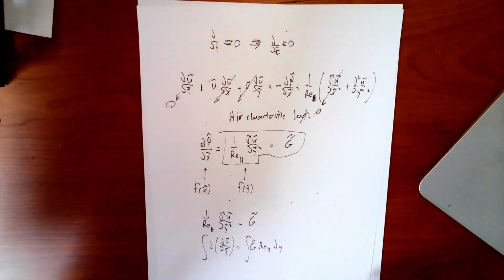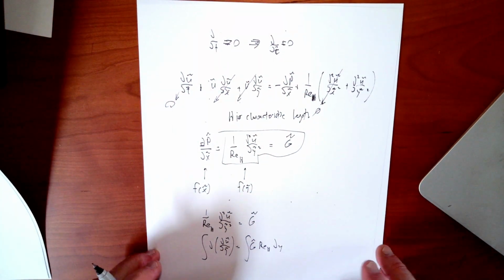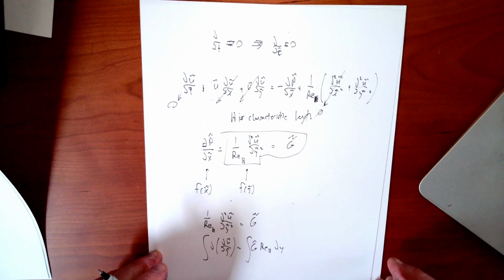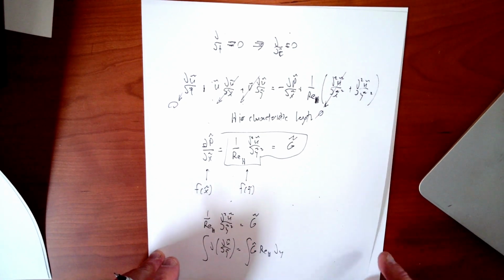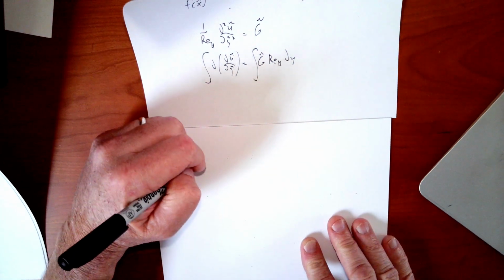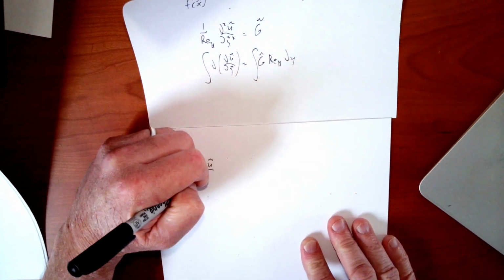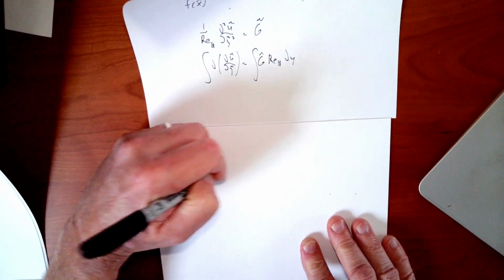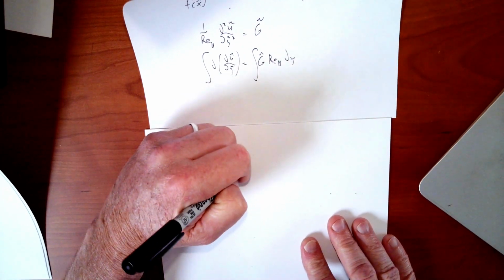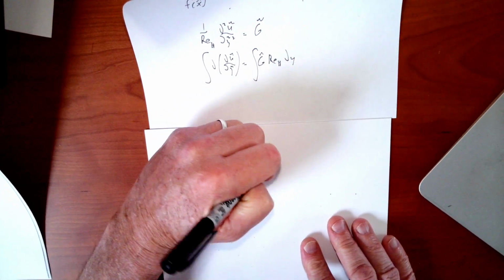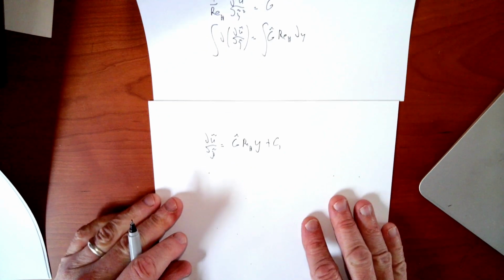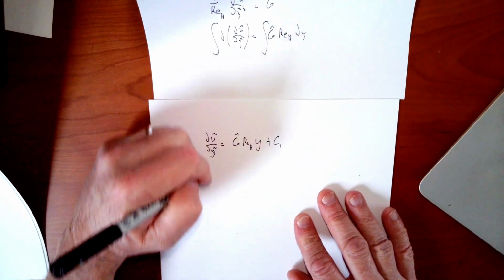The integral of d of du dy is just du dy, and the right-hand side is just going to give me y plus a constant of integration. So on the left-hand side, I have du tilde dy tilde is equal to g tilde Reynolds number based on h times y plus some constant I'm going to call c1. I can easily integrate that again.